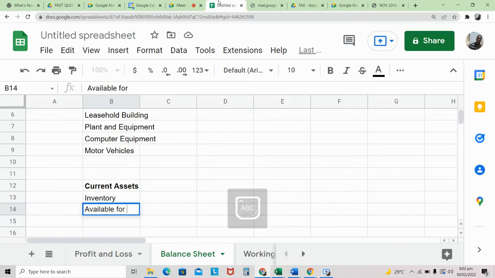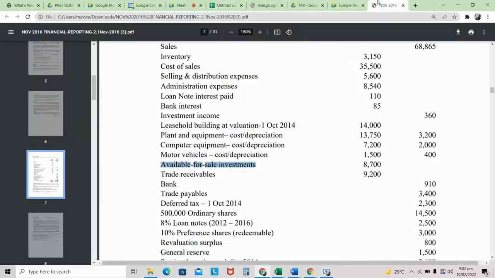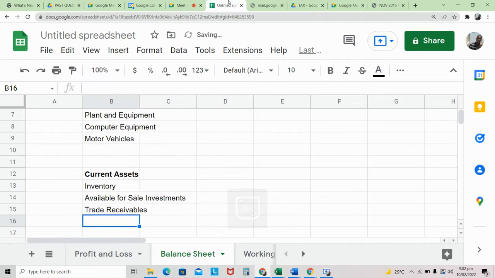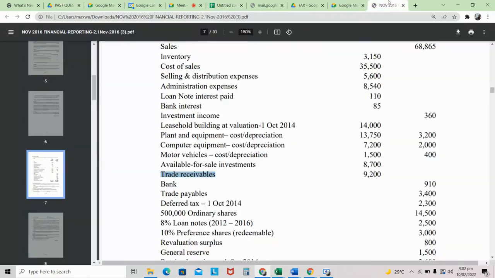Then we also have trade receivables. Then we also have bank.